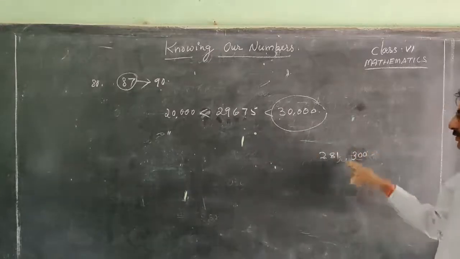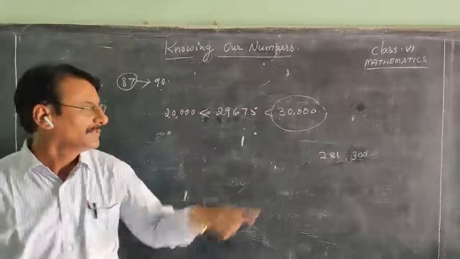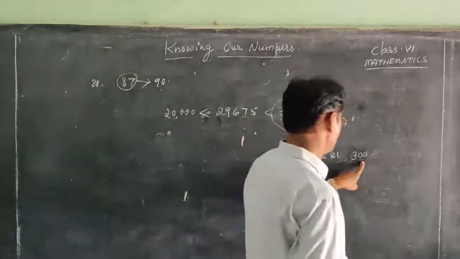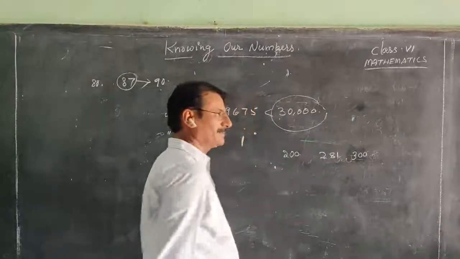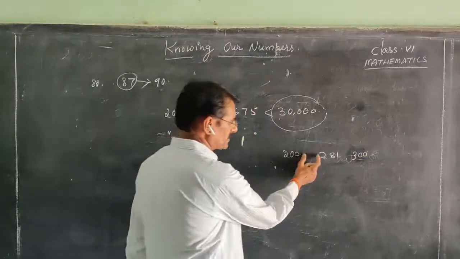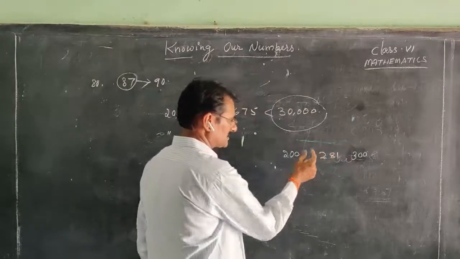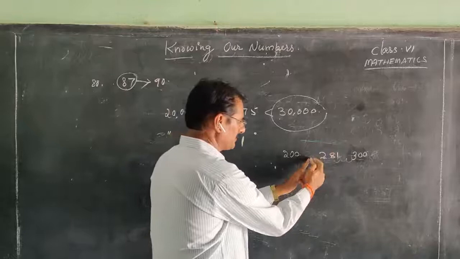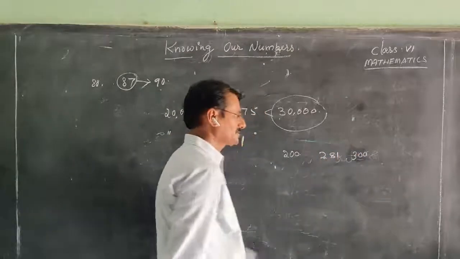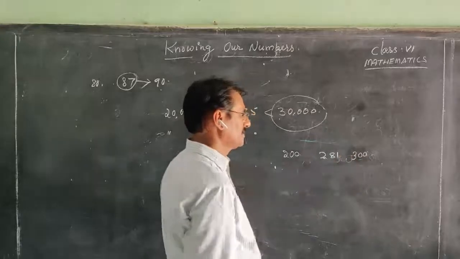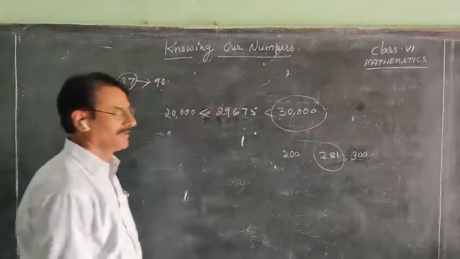So 281 rounds off to 300. But 200 is also there. When we compare the distance between these two, there are so many numbers between 281 and 200 compared to 300. So it is very close to this one. So we can round off 281 as 300.